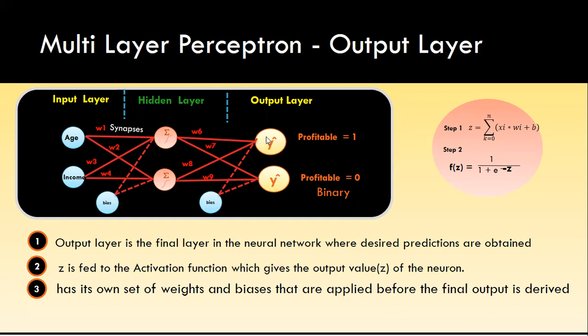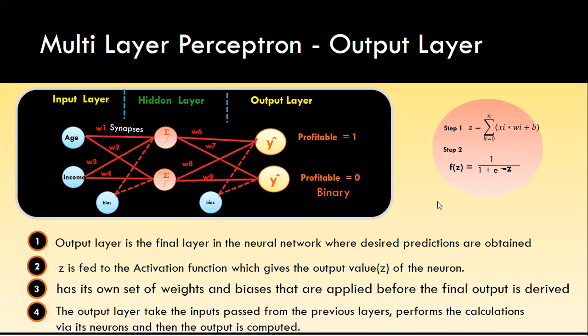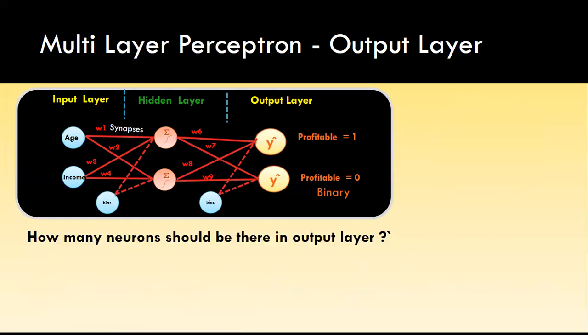Okay, the next question is how many neurons should be there in the output layer? It depends on the task that you are working on. For example, if you want to work on a regression problem, then the output layer will have a single node.